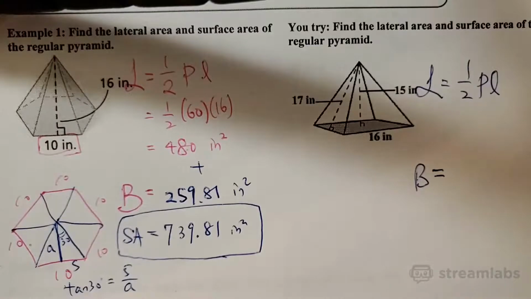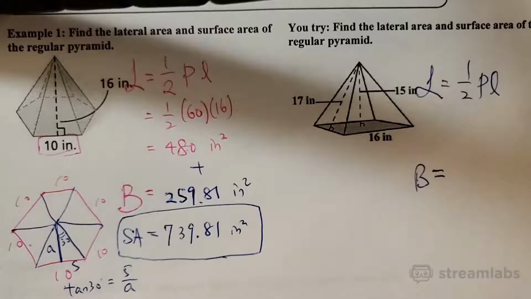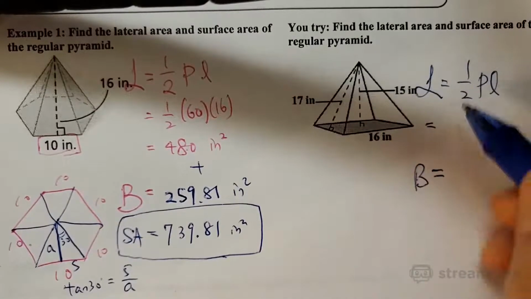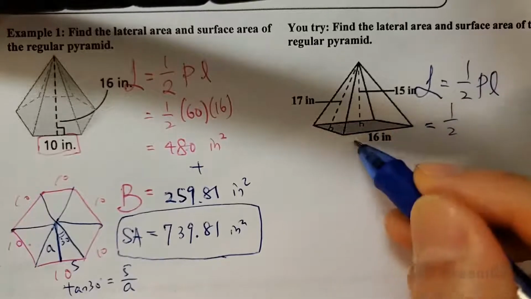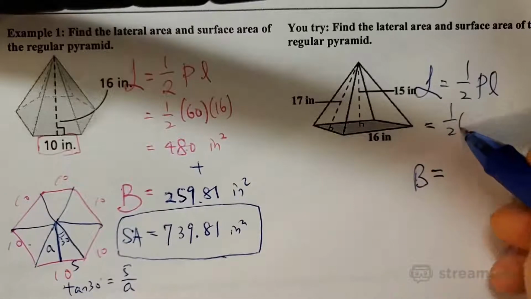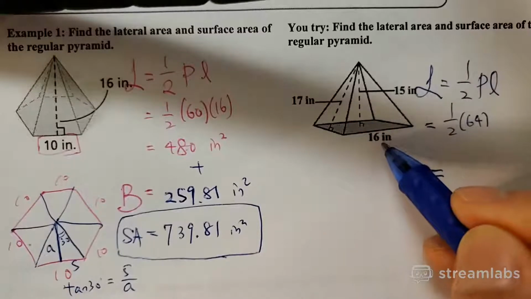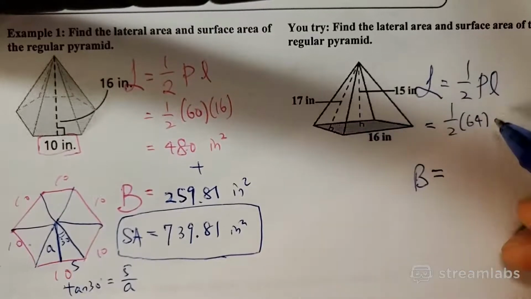All right, we haven't answered yet. So first of all, we got the lateral area. The perimeter is 16 times 4, right? So that's 64, 16 each side, times 4. Slant height is 17.